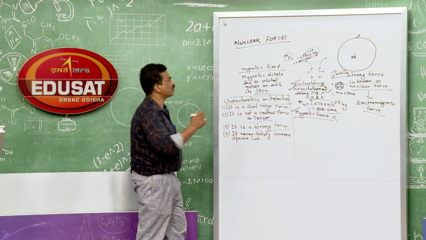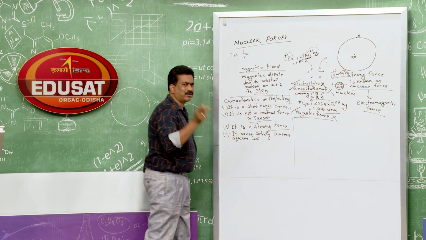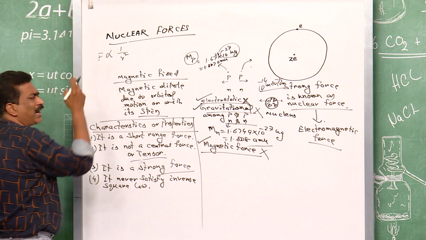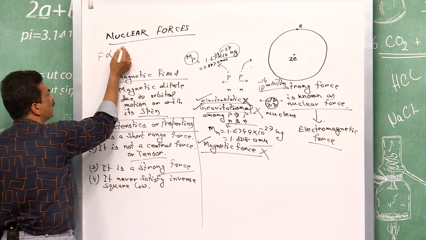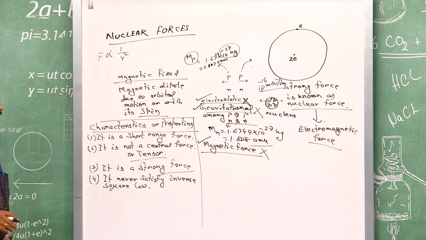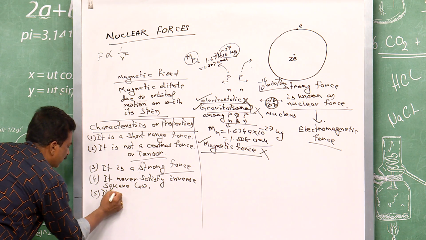As in the electrostatic force, the force is proportional to 1 by r square. For the magnetostatic force, F is proportional to 1 by r square. For gravitation, F is proportional to 1 by r square. But here it is not 1 by r square.